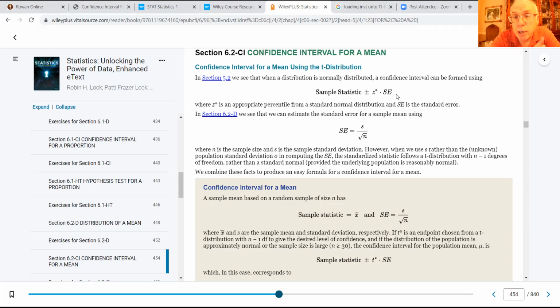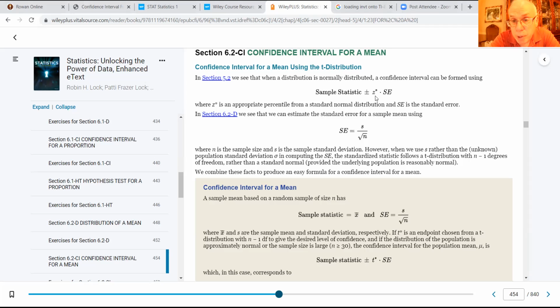So the margin of error is the multiplication of two things, the critical value and the standard error. Now they chose z here because z was used in section 6.1, right? When we wanted to find the margin of error to estimate a population proportion.